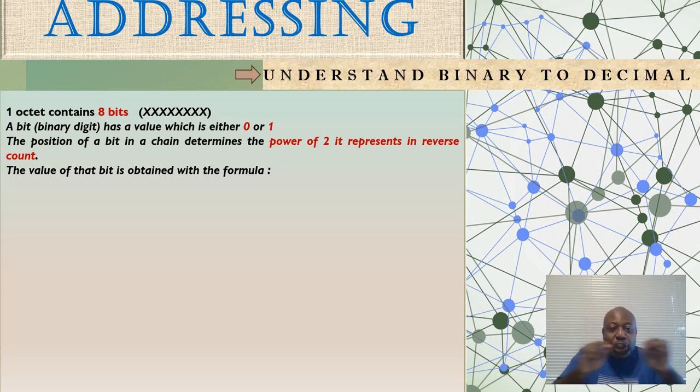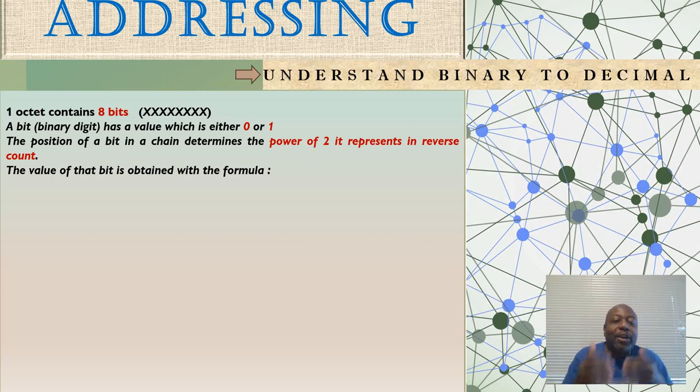Now, in this chain of 8 bits, each bit has a position. And the position of a bit in a chain determines the power of 2 it represents in reverse count. You can read that sentence slowly, and I'm sure you're going to understand that the position of a bit in a series determines the power of 2 it represents in the reverse count, right?